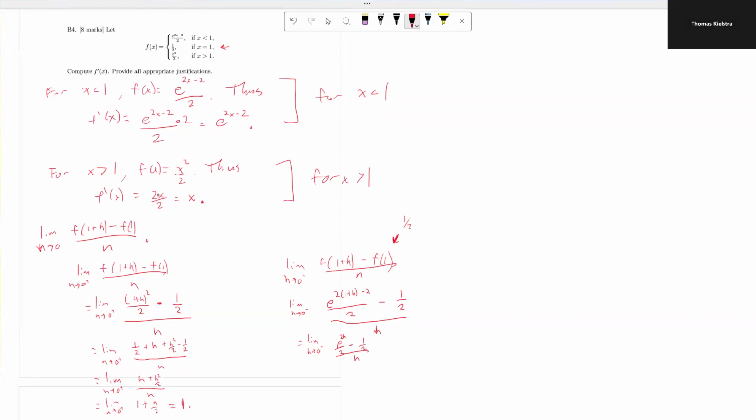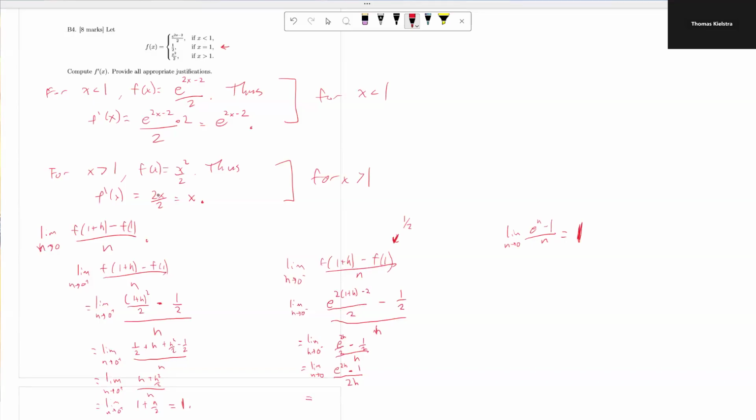And now this equals the limit as h approaches 0 of e to the 2h minus 1 all over 2h. And this looks a lot like the limit as h approaches 0 of e to the h minus 1 over h, which is our limit that equals 1. In fact, it is because this equals 1 that this expression equals 1.